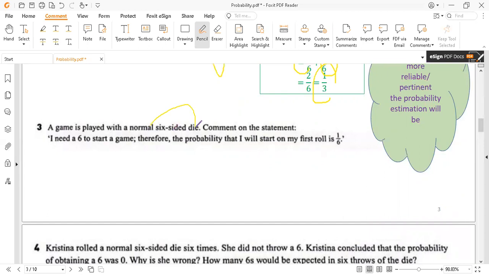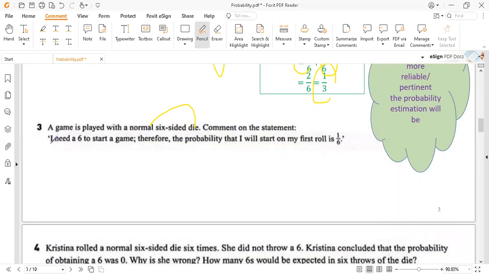The die has six faces. All the faces have an equally likely probability of occurring, 1 over 6, and we have the numbers from 1 to 6 as their faces.